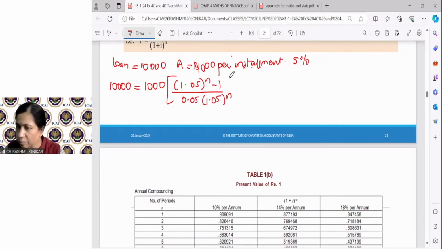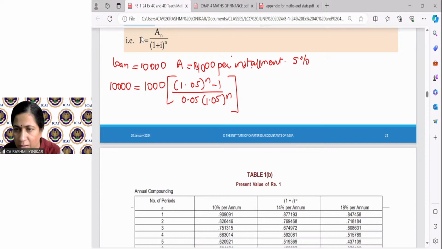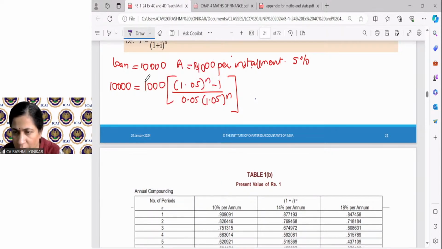Immediately what I do, I take this 1,000 and divide by 0.05.